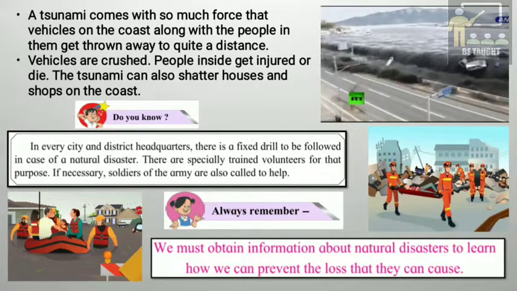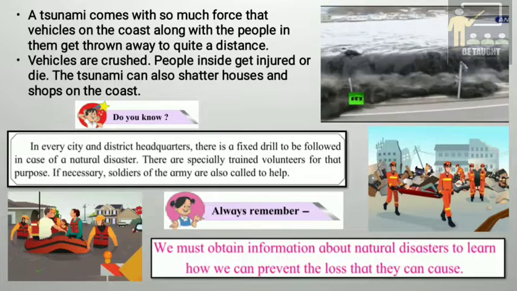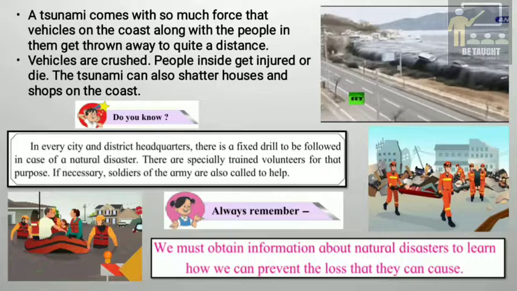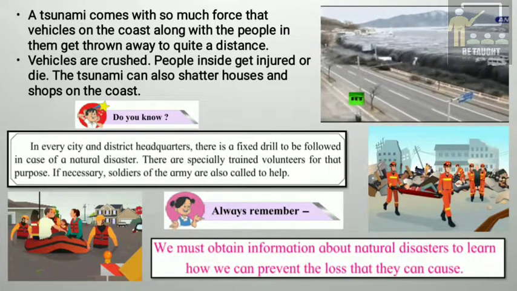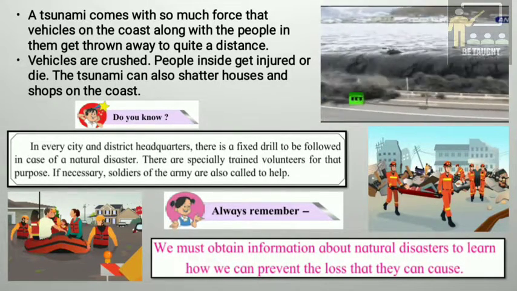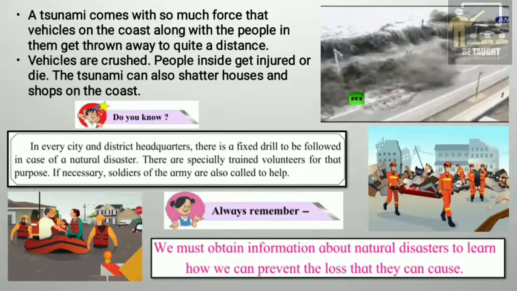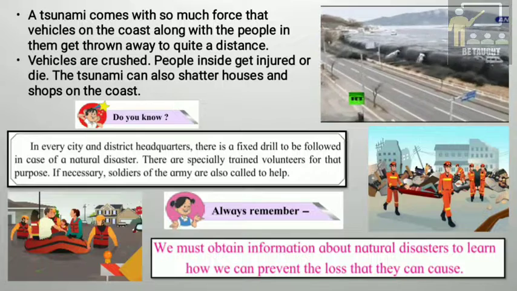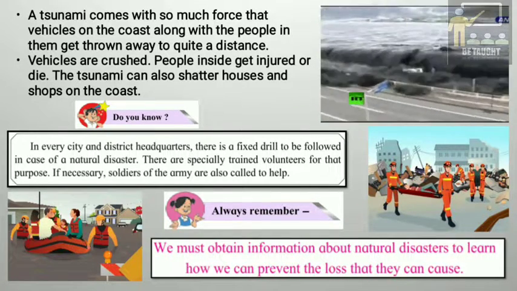Some movements in the bowels of the earth give rise to waves. This is called an earthquake. It causes houses to shake, things to fall down. Houses collapse into heaps. People and animals get trapped in them and die.